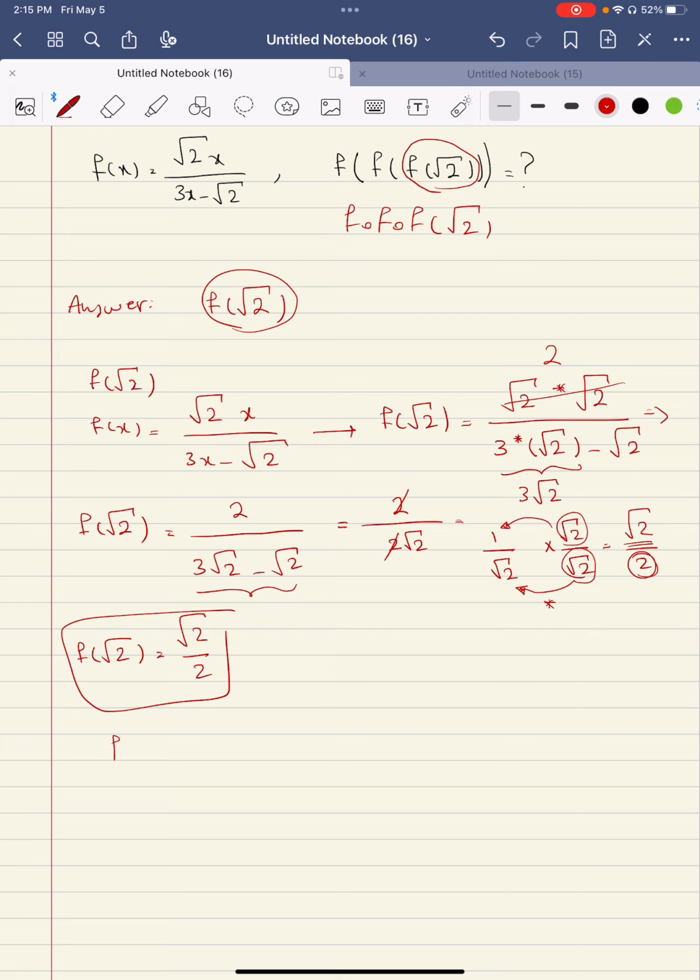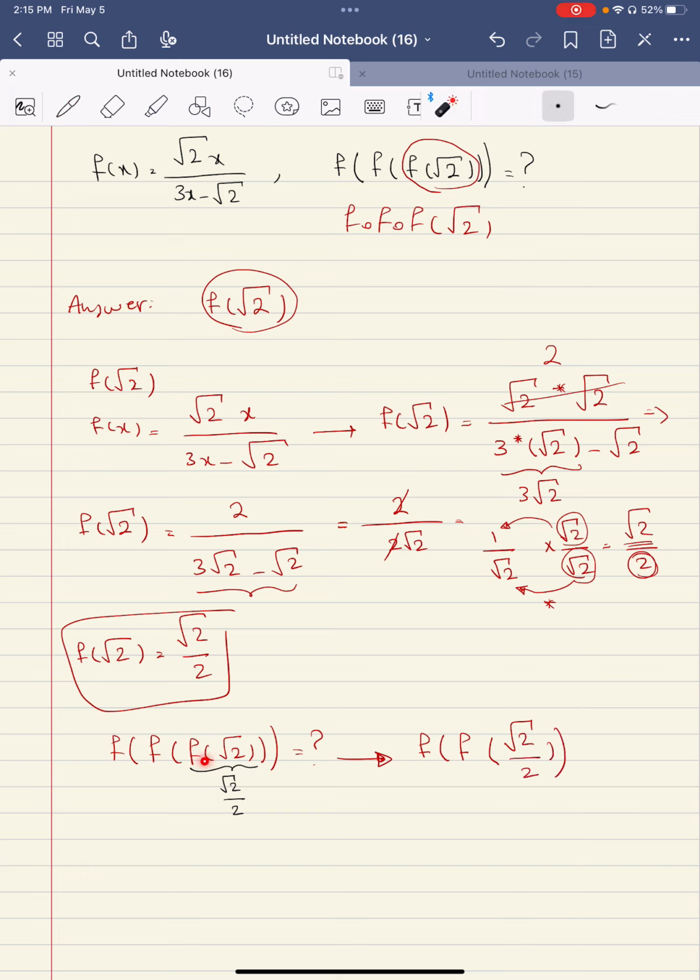Let's write down the question once more. This is what the question is asking you. So now we have the answer for this part, which is root 2 over 2. Let's make it a little bit more simplified. So it will be f of f at root 2 over 2, right?